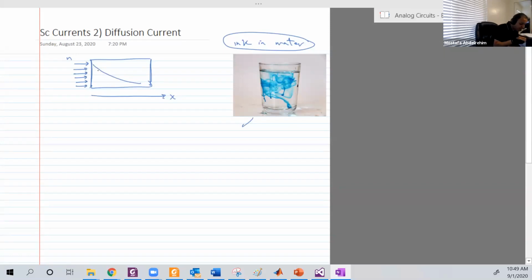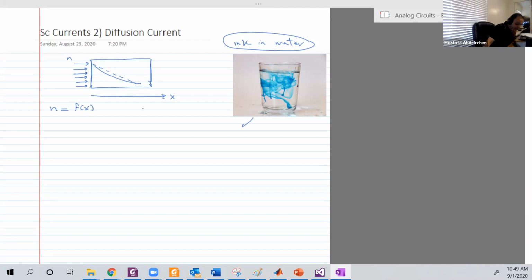And maybe this profile takes this relation, for example. It can be any relation, can be linear, whatever, with X. So N here is actually a function of X, and the holes, B, is also a function of X.